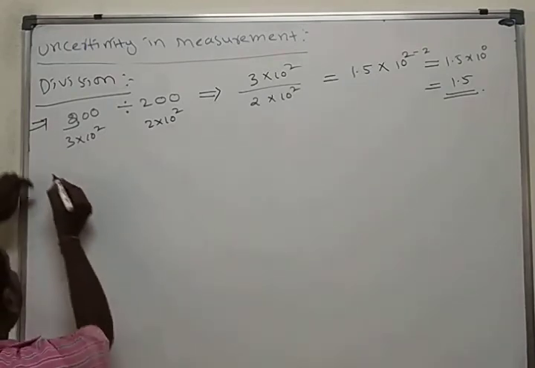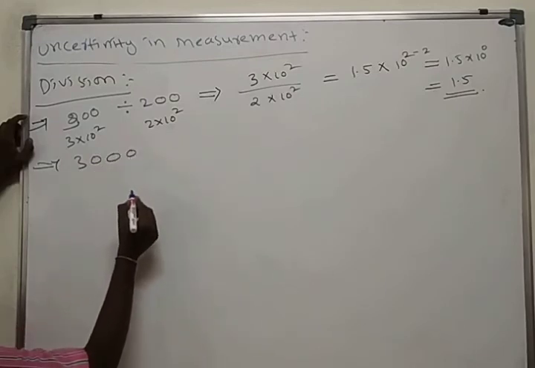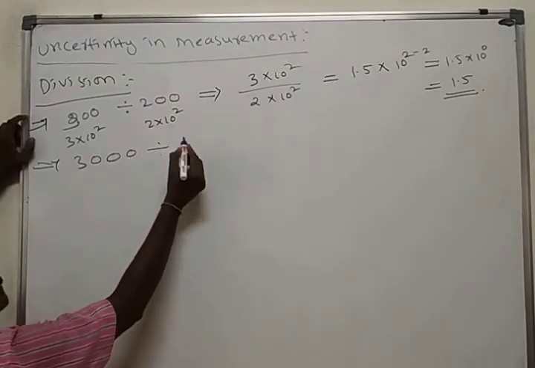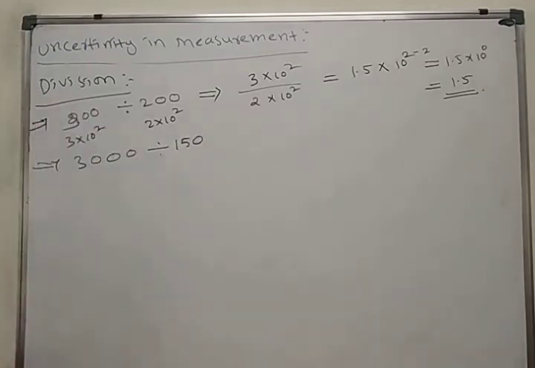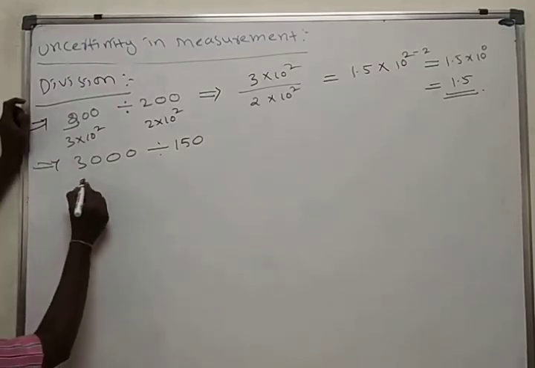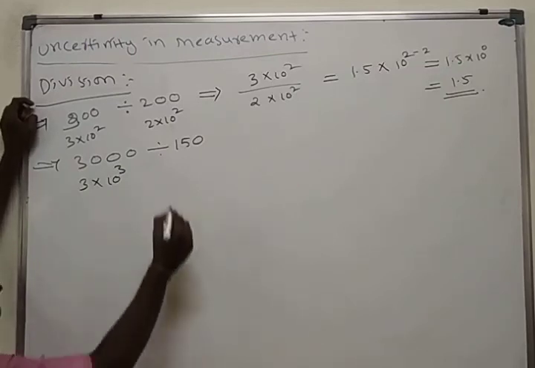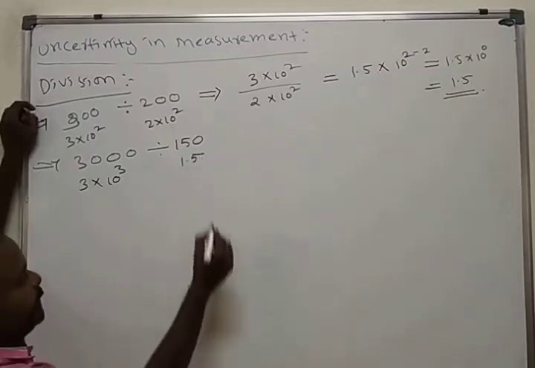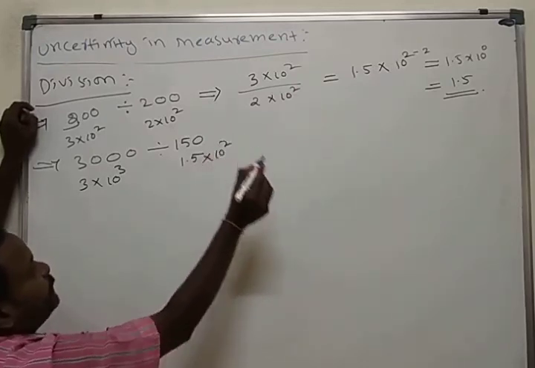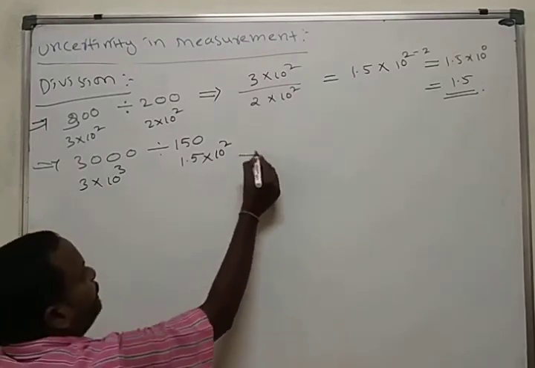Okay, take one more simple example: 3000 division with 150. Here 3000 means 3 into 10 to the power of 3, and 150 means 1.5 into 10 to the power of 2.